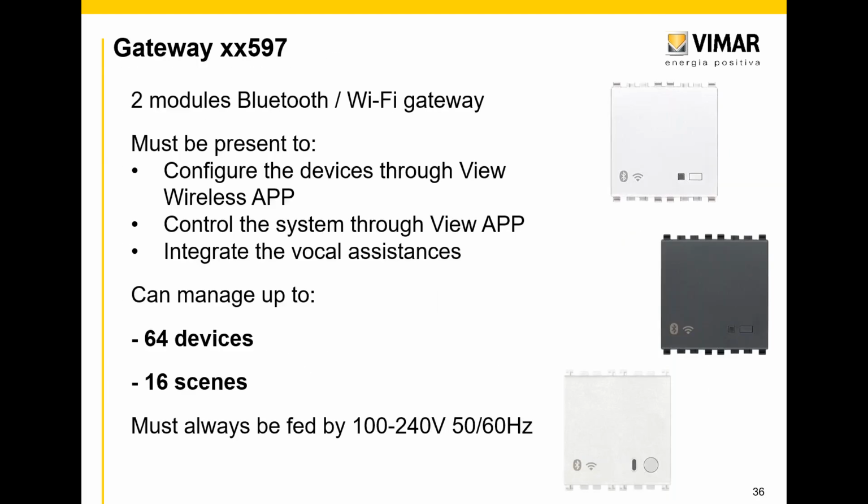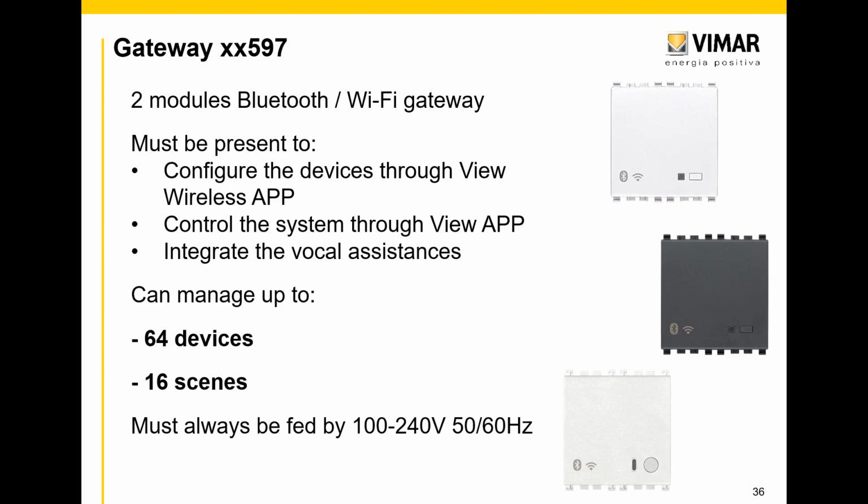The core of the system is this gateway. It is a two-module device powered by the 120/230 volts supply, and this gateway is dedicated to talking Bluetooth on the device side and Wi-Fi through the home Wi-Fi system.